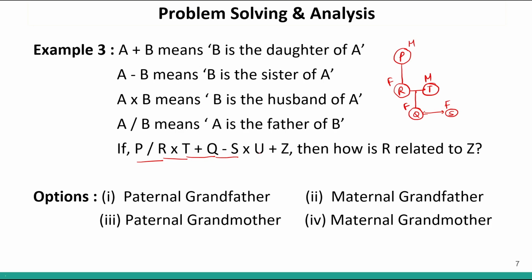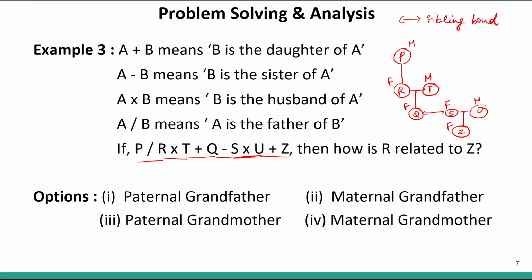S into U means U is the husband of S. So if U is the husband of S, he will be male. And U plus Z means Z is the daughter of U. So Z and S and U will have a daughter Z. She will be female. So this is a 4-generation chart. This is a sibling bond.